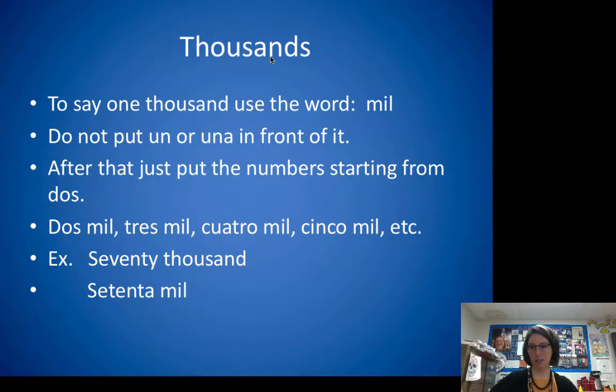You just put it all together. All right? So it's kind of looking at individual numbers. So you look at your thousands, then you look at your hundreds, then you look at your tens and ones. All right? Once you've finished your thousands, and remember this can go all the way up to 999,999. It's done the exact same way.